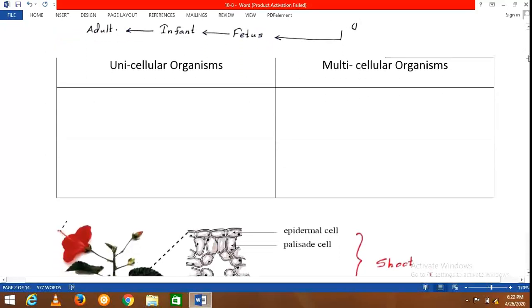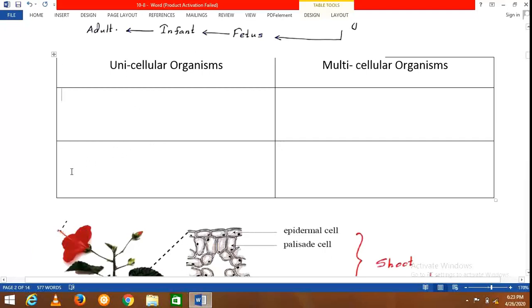Then we compare unicellular organisms and multicellular organisms. There we can say unicellular organisms have an organelle level organization. There are several organelles inside a cell which are responsible for different functions. So unicellular organisms have organelle level organization, and these organelles are well developed to perform different functions.